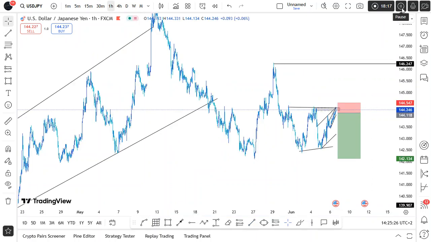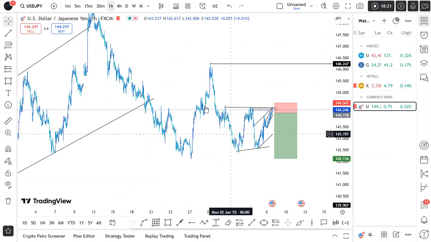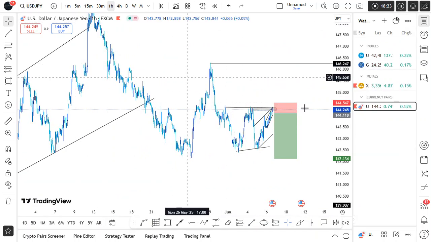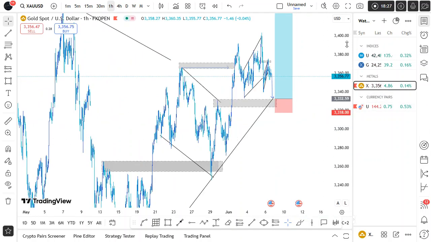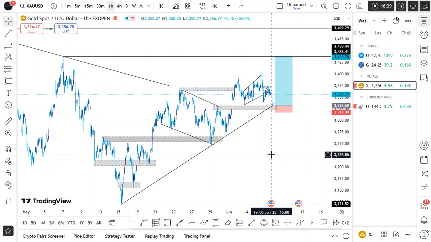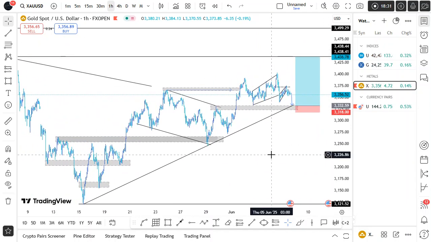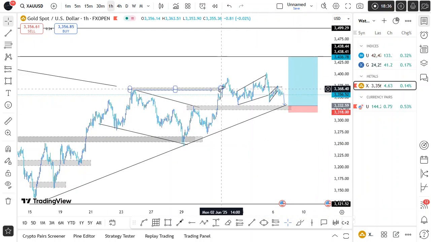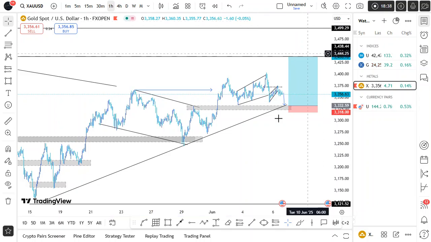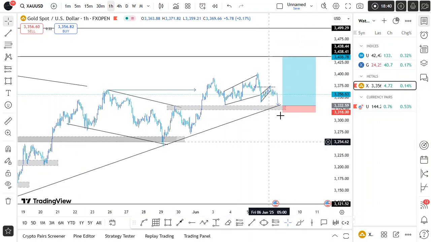So USD JPY, I'm seeing a clear sell. On gold, short-term sell, but overall I'll be looking at just overall bullish momentum. Overall, I'll be buying it. But for now, because of the event, I'll wait for price to complete my setup. Then I'll take the buy from here.